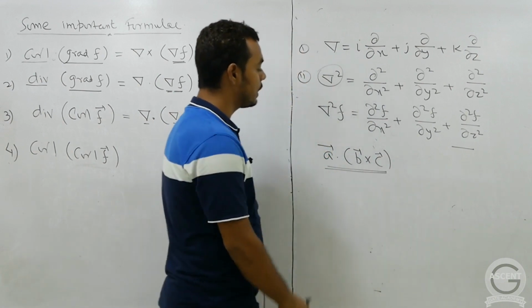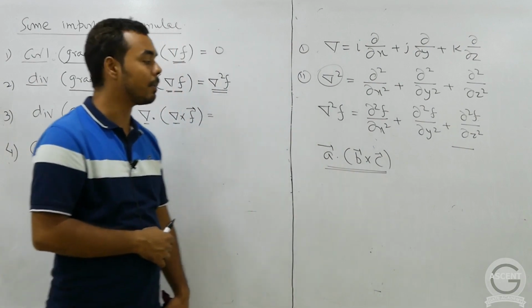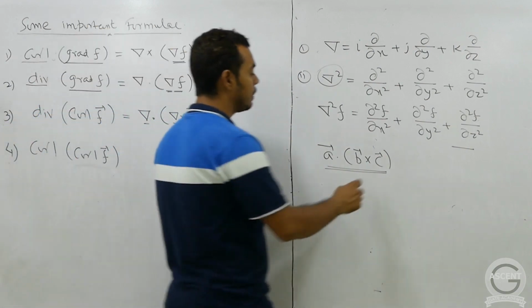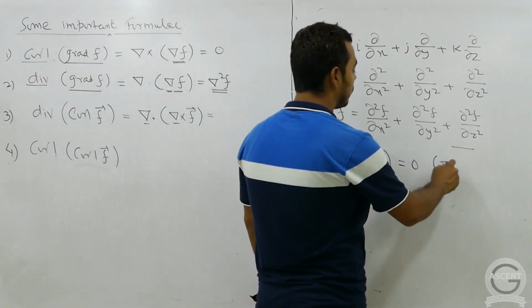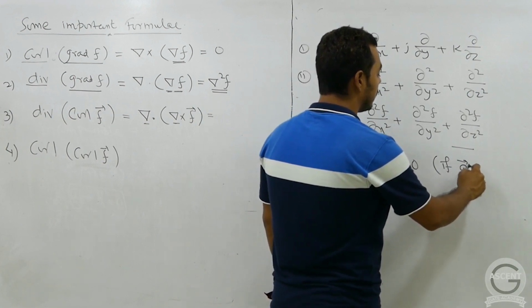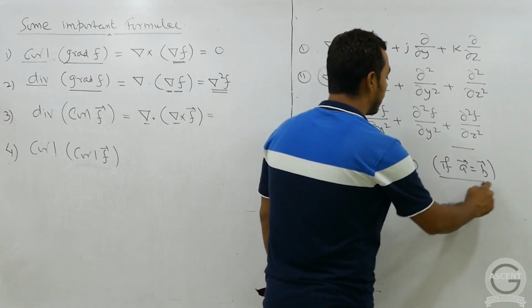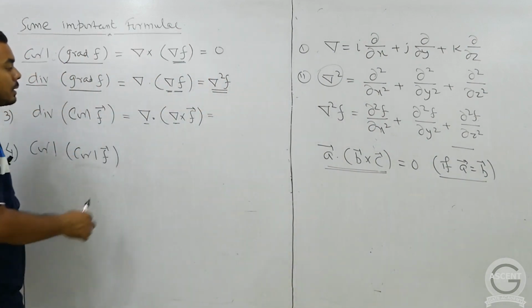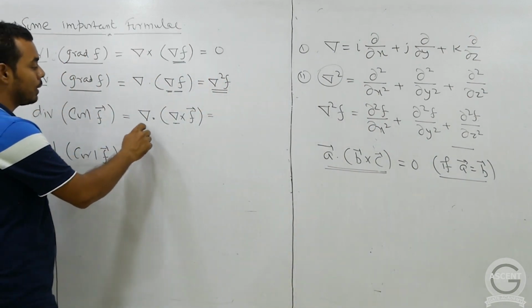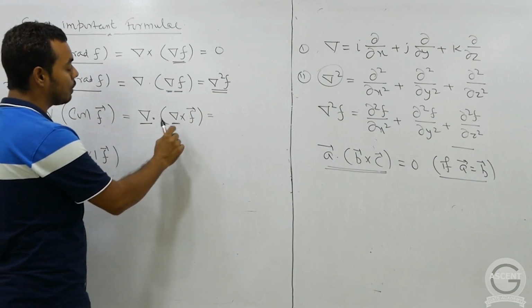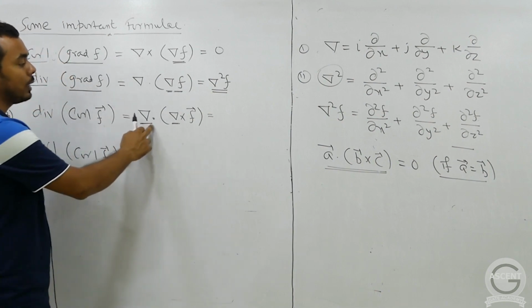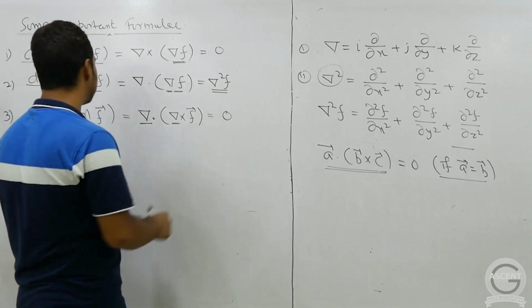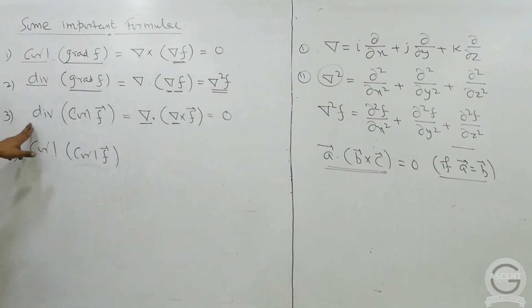And we had also seen that if any two of these three are the same, then the value of this scalar triple product is 0. If a and b are the same vector, in that case a dot b cross c will be 0. So here you can see that this del operator and this del operator, these two are the same. So del dot del cross f will be 0. So this means divergence of curl of any function is always 0.